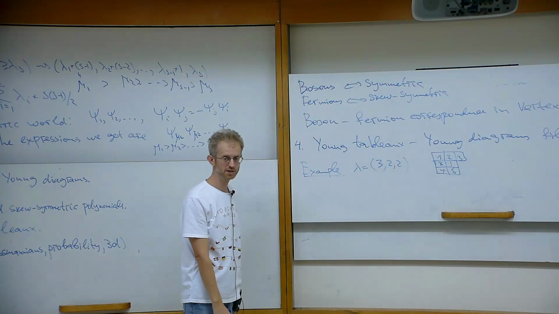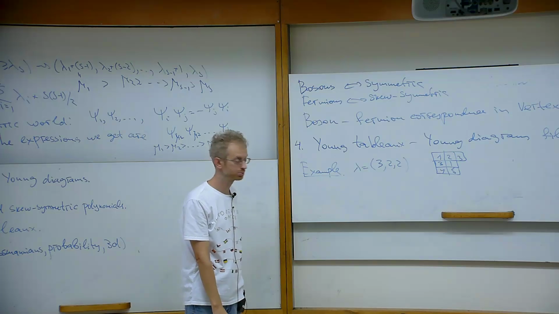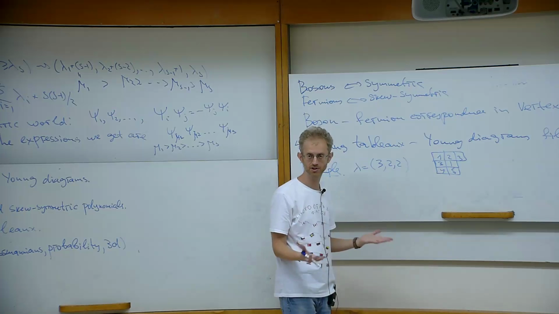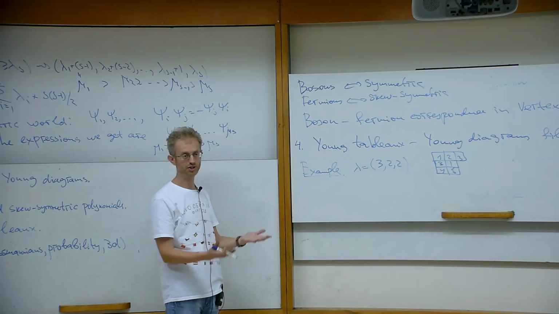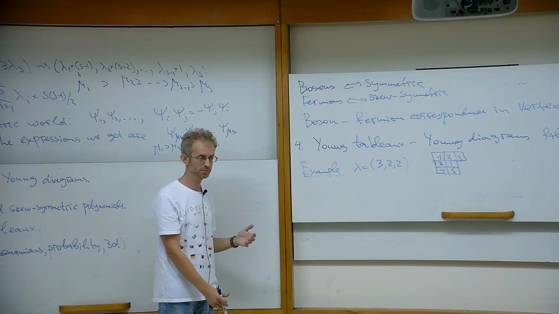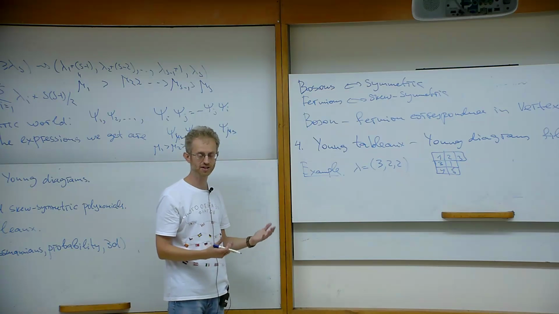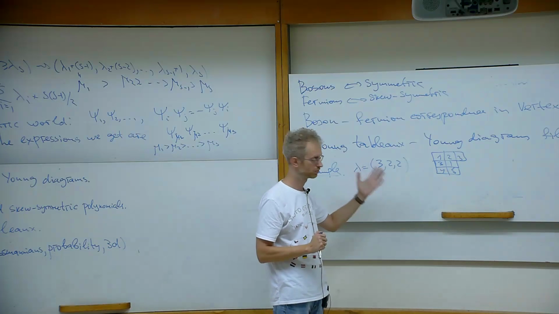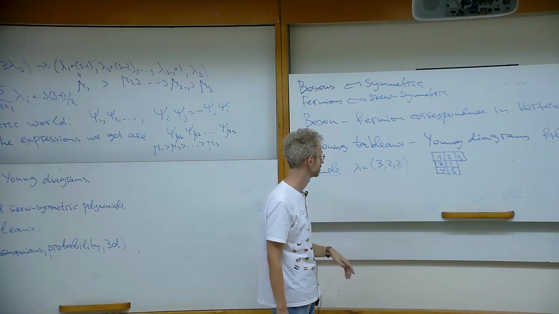Of course you have to specify what numbers you're allowed to put inside. But after all, a Young tableau is a very simple thing. Take your partition, take your Young diagram, and write inside some numbers. But in order to get something reasonable, you have to explain what rules you're using and if there are some restrictions.